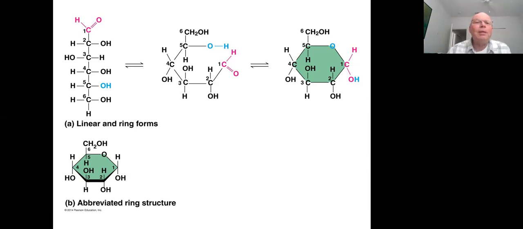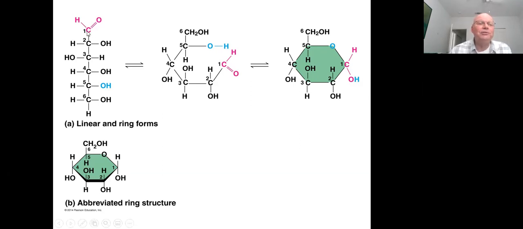So this is the circularization of glucose. And you'll notice again that we are numbering the carbons in the carbon chain, and we're following the IUPAC rules, which says that you number from the carbon that contains the most interesting or unique feature.